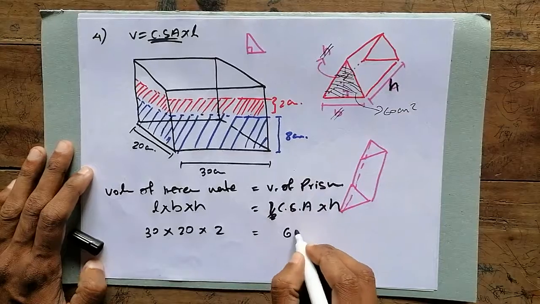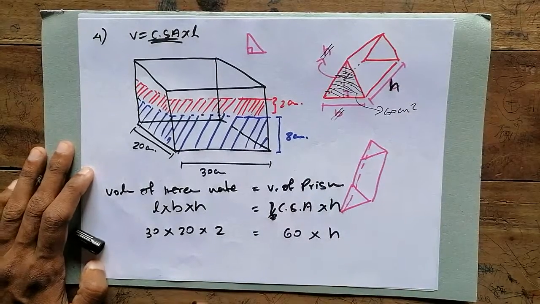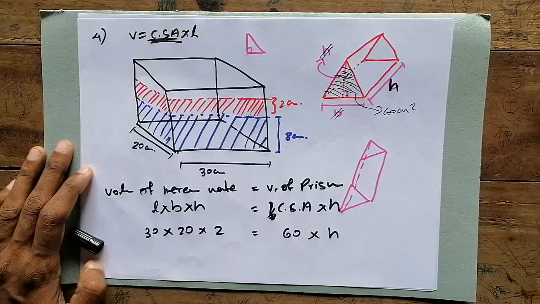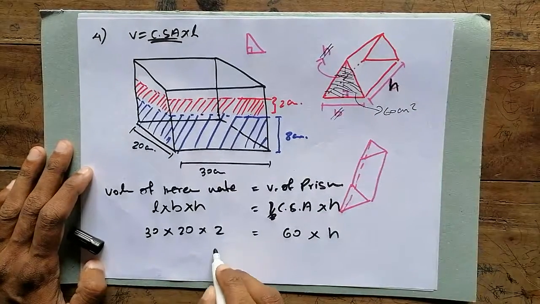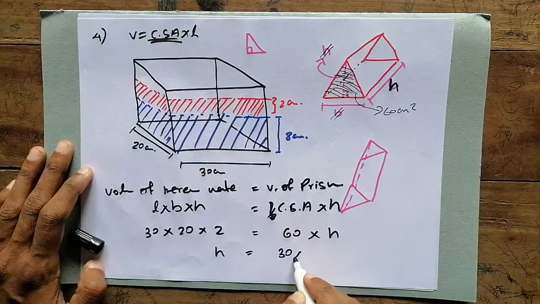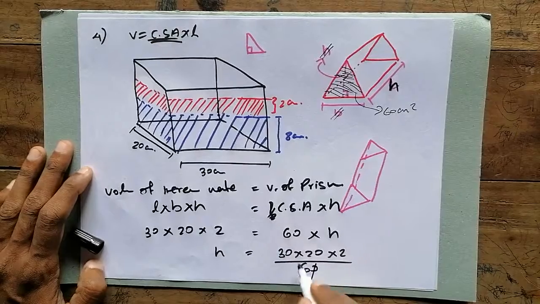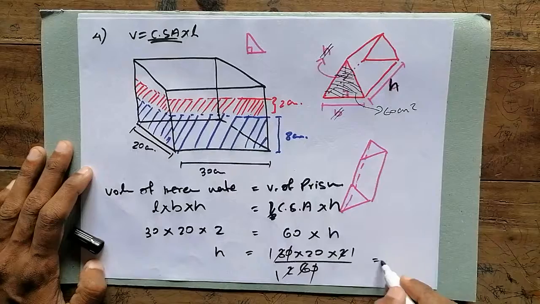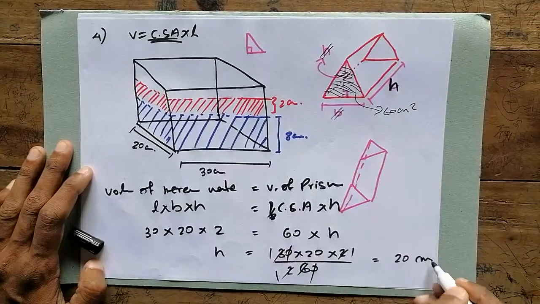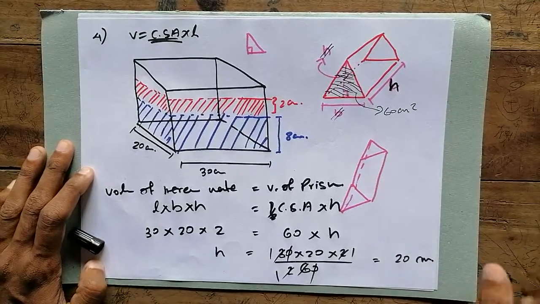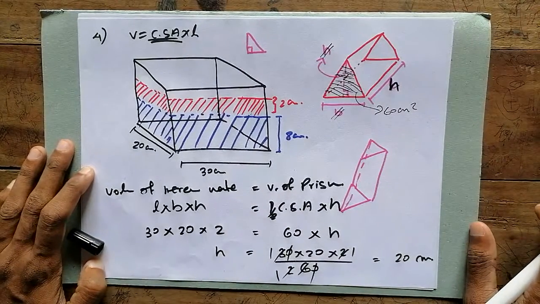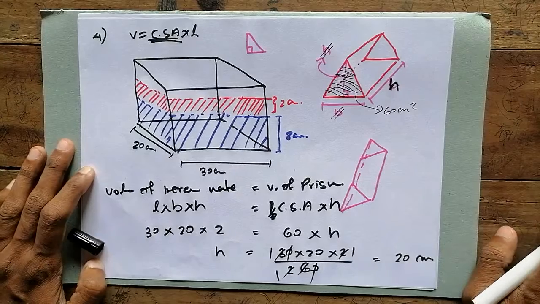The cross section is 60, and we need to find the h. Subjecting the h, h equals 30 into 20 into 2 over 60. So the height is 20 centimeter. The height of the prism put inside the cuboidal shape is 20 centimeter.